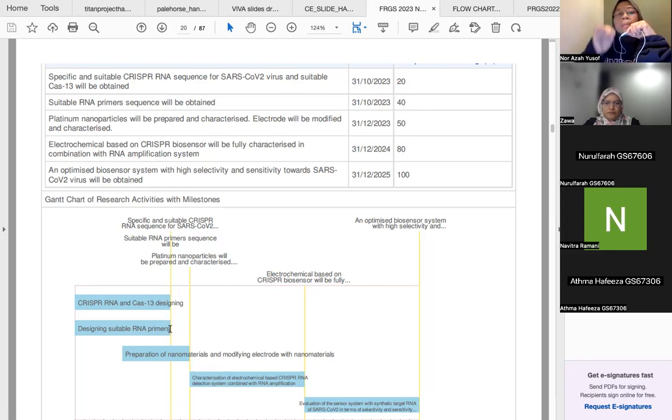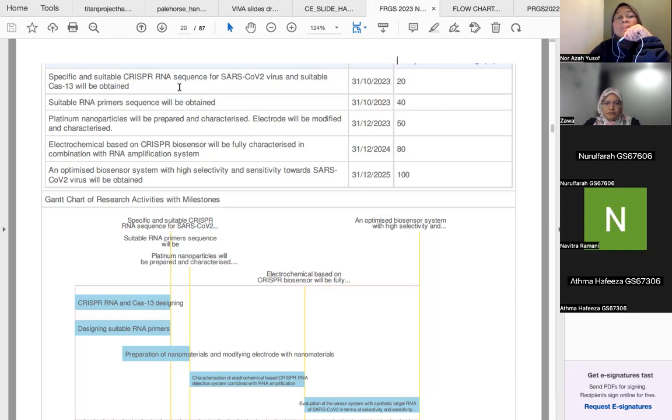So this is what we call a milestone. Some of you are probably very familiar with it, but its function is to tell people, because they need to evaluate you. During the third milestone, what you should achieve. This is important because when you are to present your progress, you only have to present based on milestone.